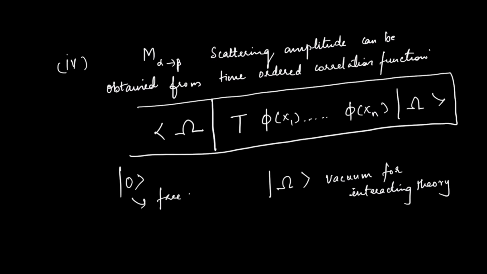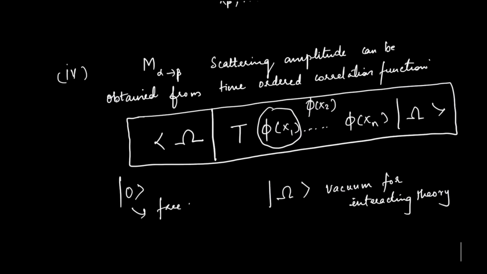So what do you mean by time ordering? It means that you order the operators according to their time. So phi of x1, then phi of x2, etc., based on their time. The bigger the time, the operator will come first, which means that if I am writing phi of x1 first and then phi of x2, then the bigger time is phi of x1.